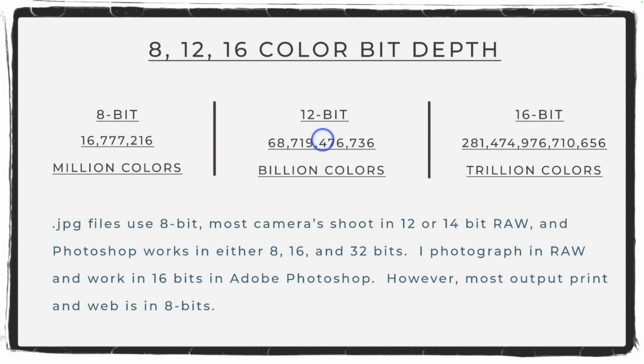Eventually, of course, you are going to size down to 8 bits because most things are in 8-bit as far as an image on the web or a print. But it's better to have more data than less data. 12-bit is basically 69 billion colors, and if you're in 16-bit, we're at 281 trillion colors. So basically, this is what you get from a JPEG image, and somewhere in between here is what you're going to get when you shoot RAW.